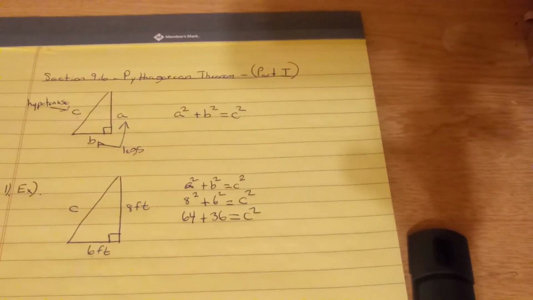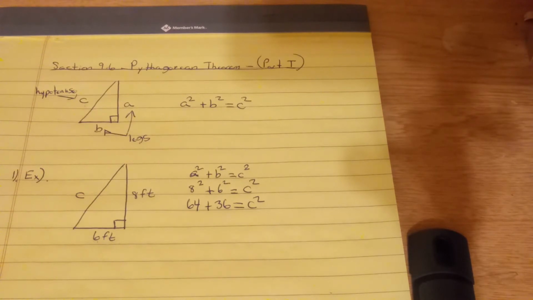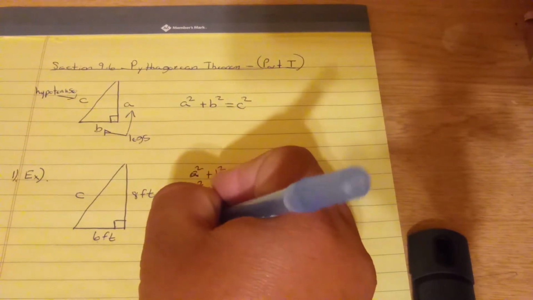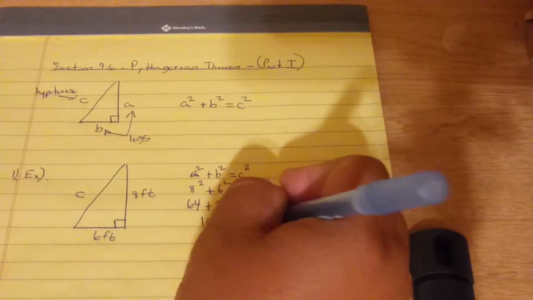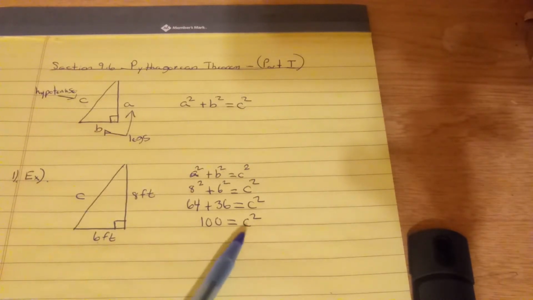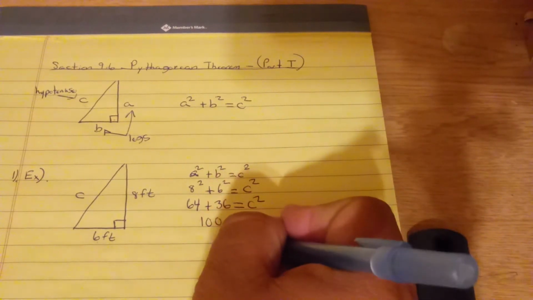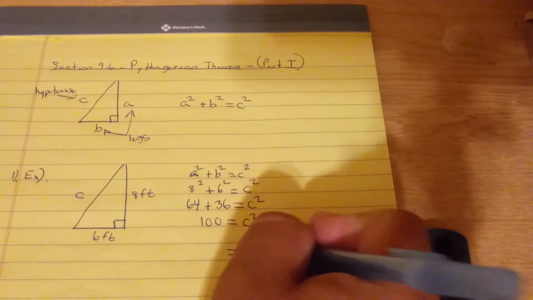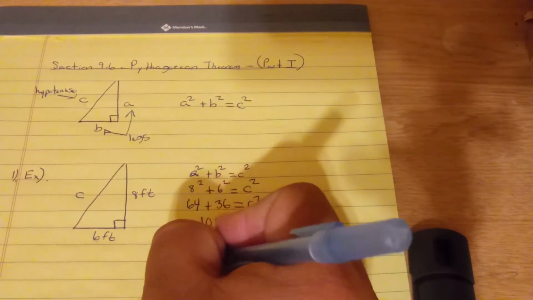So far, so good. Alright, so now we're going to go ahead and add those two. 64 and 36, that'll give you 100, equals c squared. But remember, we're looking for c. So we got to get rid of that square. To get rid of that square, we're going to go ahead and take the square root of both sides. We're going to take the square root of c squared, and we're also going to take the square root of 100.